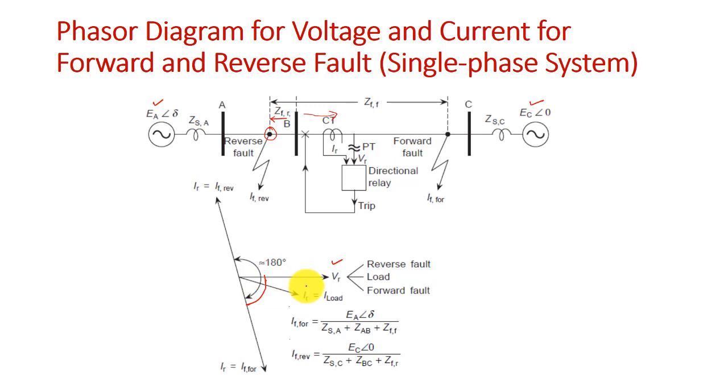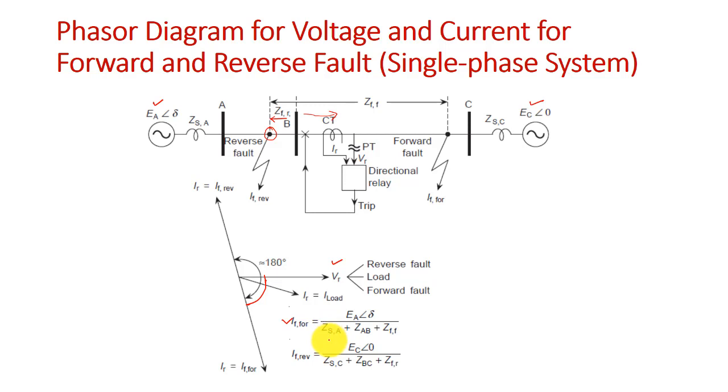And the expression for IF forward, the forward fault current, is nothing but EA angle delta by ZSA plus ZAB plus ZFF.